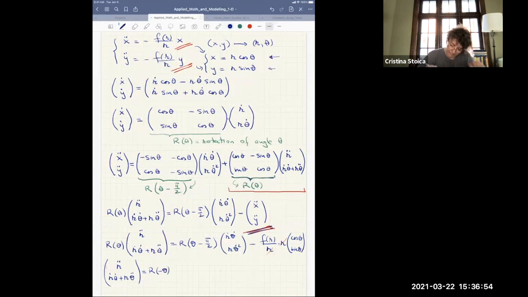I'm multiplying by the inverse of r of theta, which is r of minus theta, because that was with the green stuff under there. A rotation theta, its inverse is a rotation minus theta, of course. Then r dot theta dot, r theta dot squared, and then minus f of r, and this r of minus theta is applied to cos theta and sine theta.